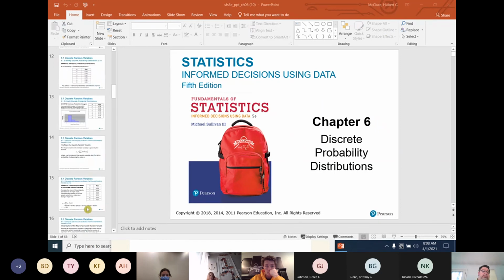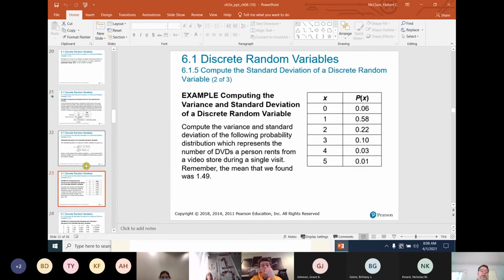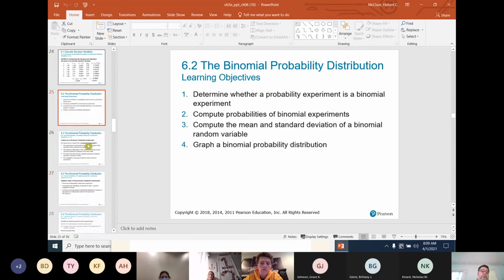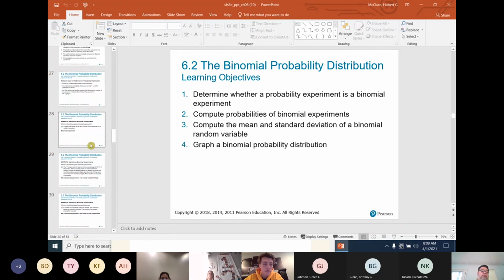Okay, 6.2. Now we did cover, y'all tell me, did we get the standard deviation? Yes or no? We did. Okay. I want to make sure.